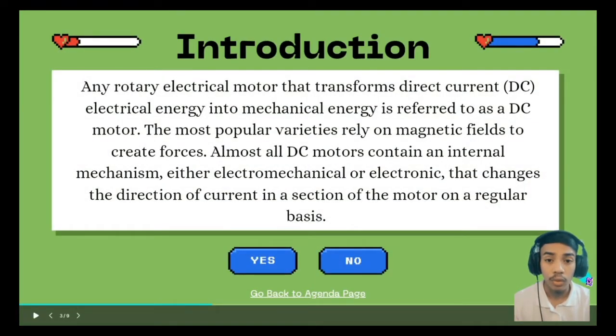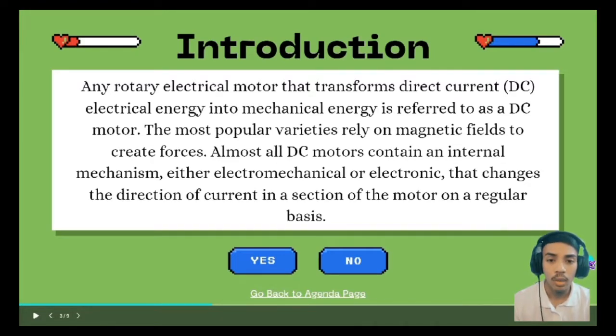Today I want to present about the DC motor and its operations. For the introduction, any rotary electrical motor that transforms direct current electrical energy into mechanical energy is referred to as a DC motor. The most popular varieties rely on a magnetic field to create force.